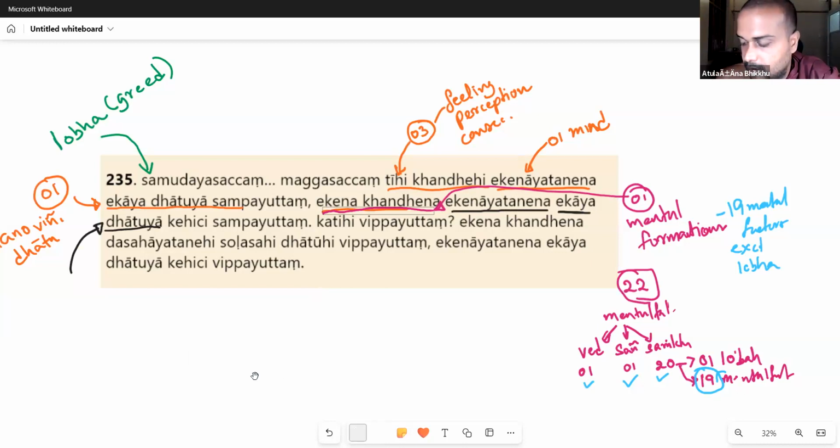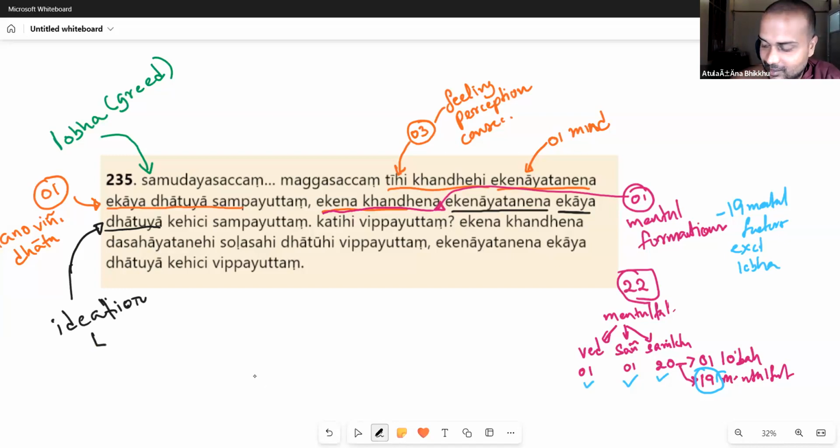Okay, so now we have the ayatana and dhatu, bases and elements. In the case of bases and elements, it's quite easy. All the mental factors belong to the ideation base and the ideation element. So now there are 22 mental factors.